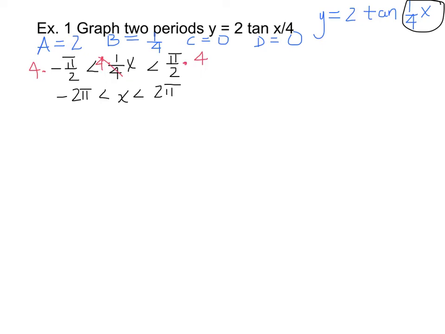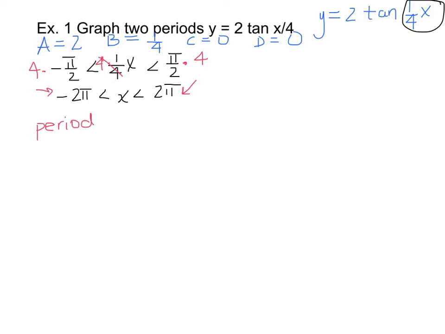Okay? Your period is the distance between your first asymptote and your second asymptote. So you can actually subtract it.